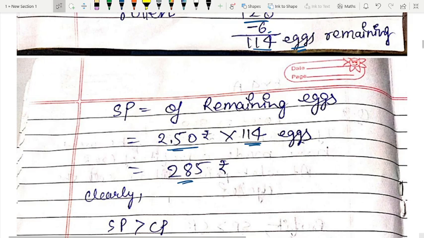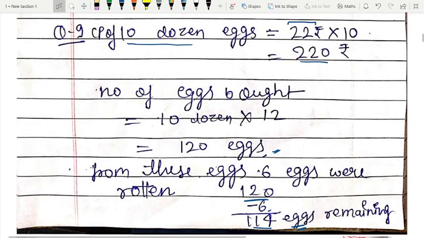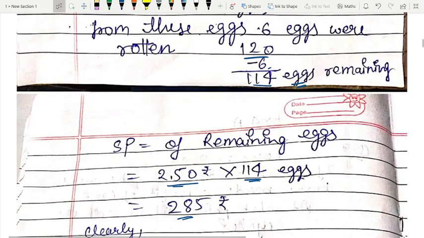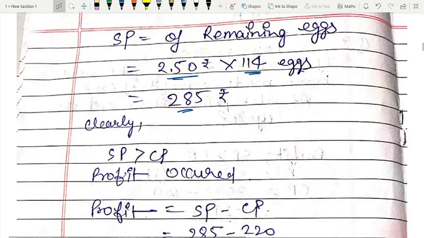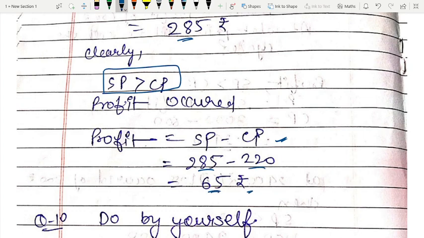As you can see above, we have cost price 220 which is less than the selling price, so we can easily say that profit is occurring. Selling price is greater than cost price, that means profit is occurring. Profit is the selling price minus the cost price, as we know very well. So we subtract the cost price from the selling price, and we get 65 rupees profit.